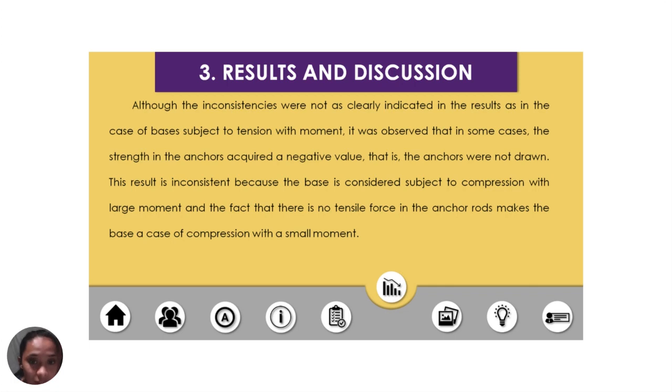That is, the anchors were not drawn. This result is inconsistent because the base is considered subject to compression with large moment, and the fact that there is no tensile force in the anchor rods makes the base a case of compression with a small moment.